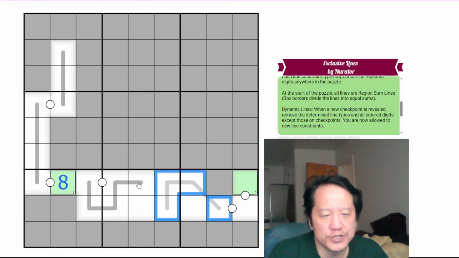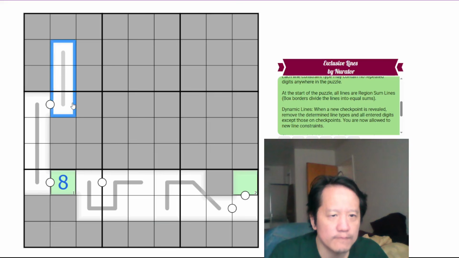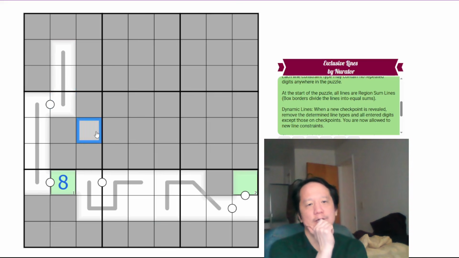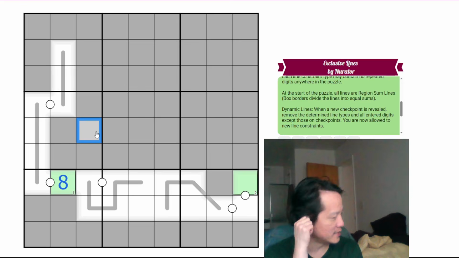Interesting. We have 4 digits here. We have 5 digits here. Region sum. So again, there are no repeats on these lines of the line types.